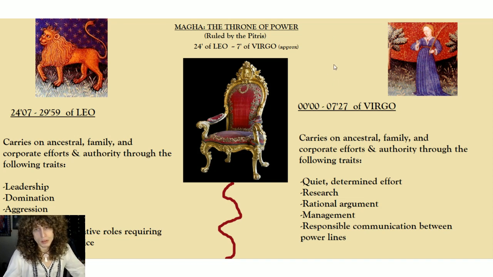If this is the 11th lord, then the throne of power might relate to something like an idea or a cultural group. Whereas if this is the 6th lord, then the throne of power could mean something as simple as the person who delegates pens at your office job or the person who delegates your staff manager is your throne of power for the 6th lord, if the 6th lord is in Magha here.